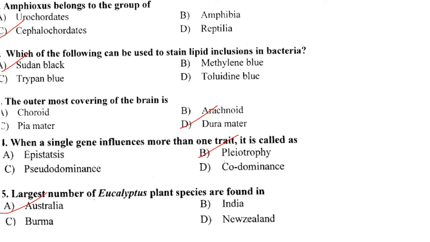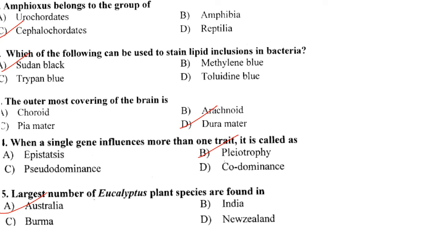The outermost covering of the brain is the dura mater. Answer is option D. When a single gene influences more than one trait, it is called pleiotropy. Epistasis is a circumstance where the expression of one gene is affected by the expression of one or more independently inherited genes.